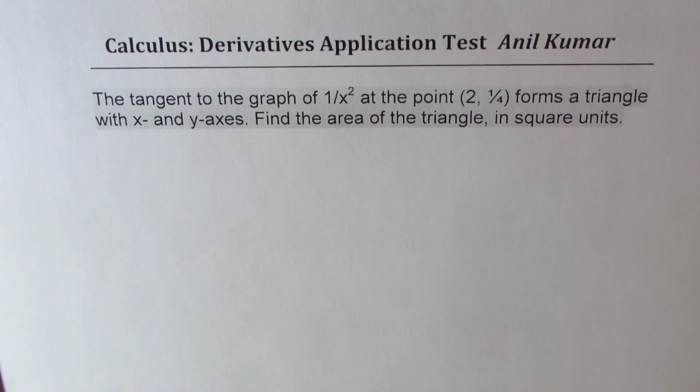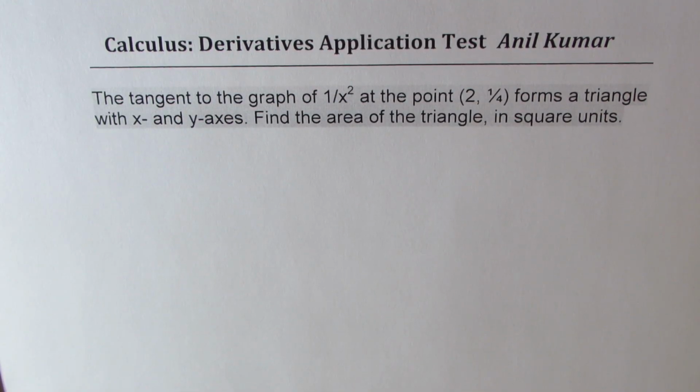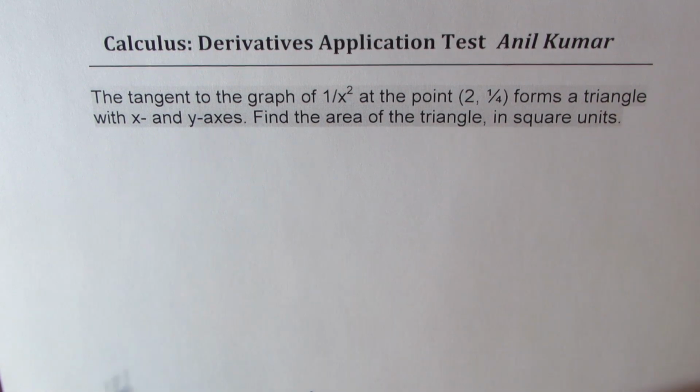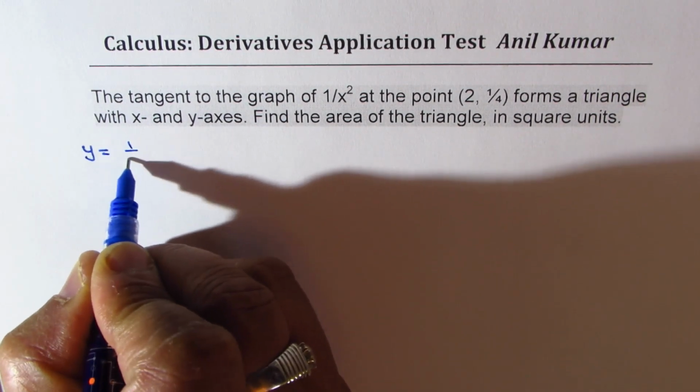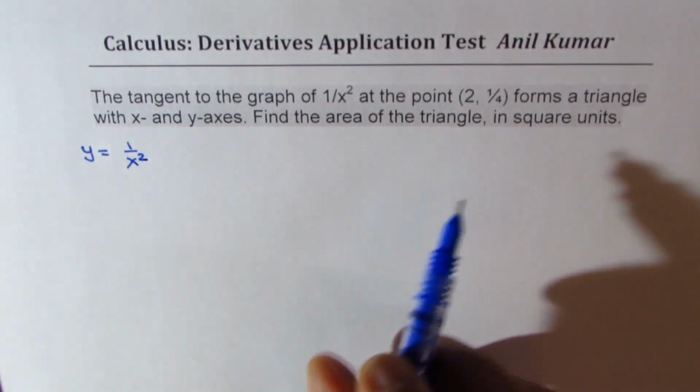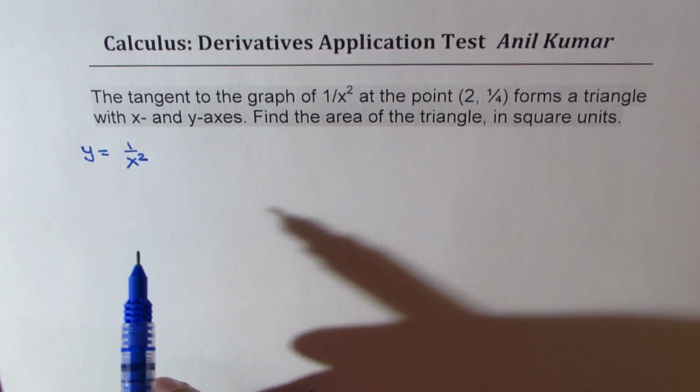The question here is: the tangent to the graph of 1 over x squared at the point (2, 1/4) forms a triangle with the x and y axes. Find the area of the triangle in square units. So we are given the function y equals 1 over x squared. Let's find the equation of the tangent first.